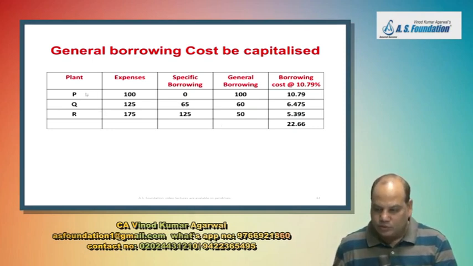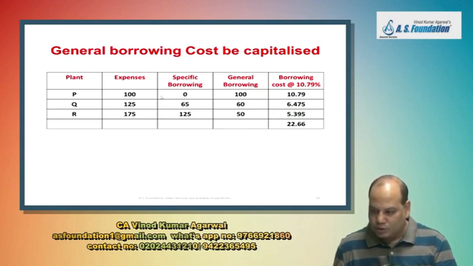So now we are going to solve column by column. P, Q, R. Expense is 100, 125, 175. Specific borrowing will be 0, 65, 125.